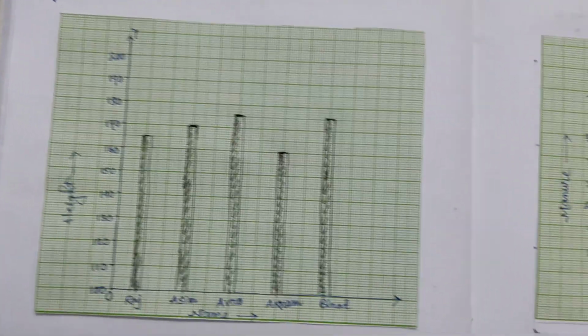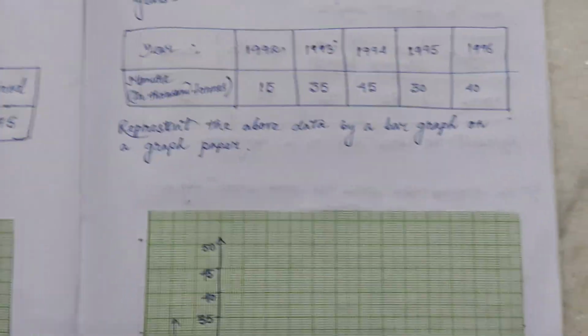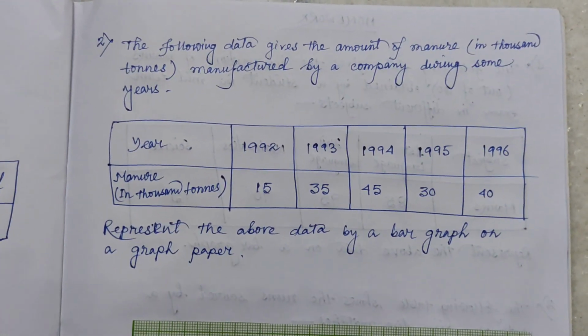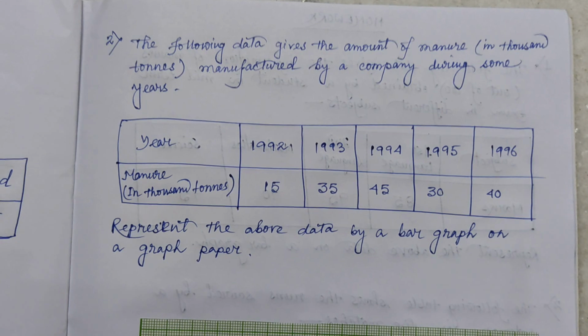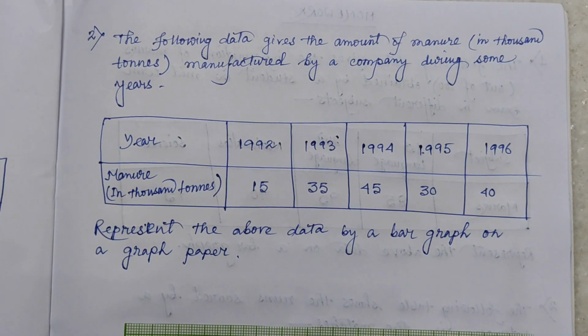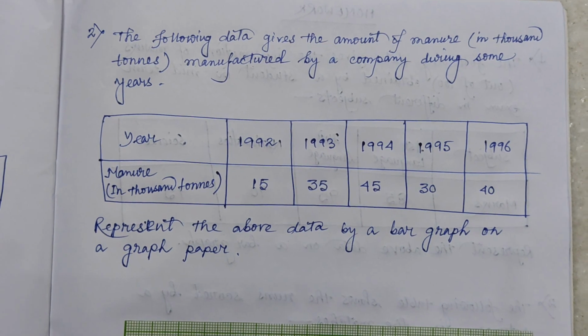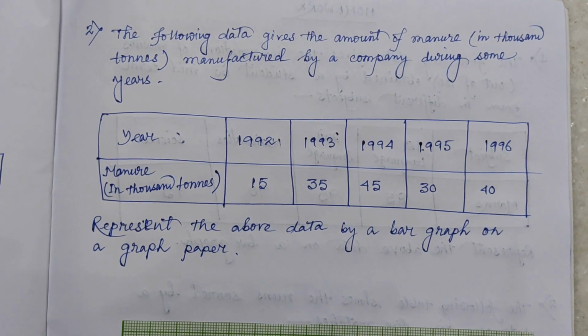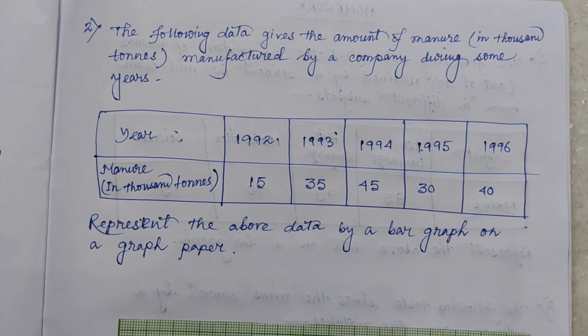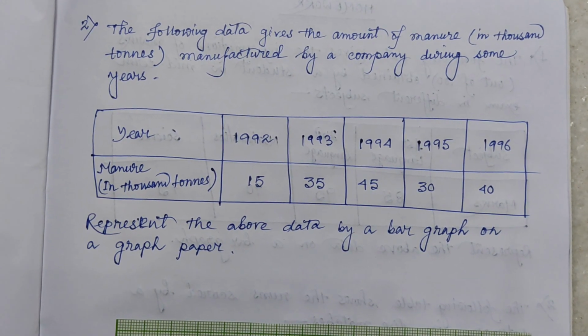Now I have taken another example. Here number 2. The following data gives the amount of manure in 1000 tons manufactured by a company during some years.